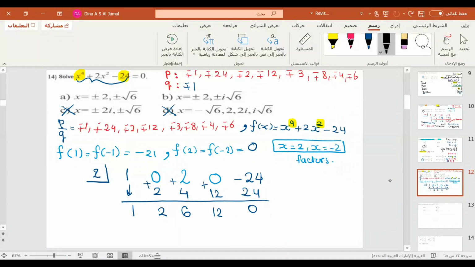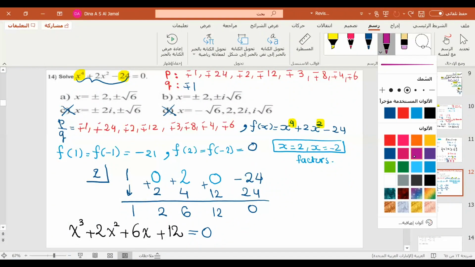Now write your depressed polynomial. Your n is equal to 4. That means your depressed polynomial is raised to the power of 3. So x cubed plus 2x squared plus 6x plus 12. So here I'm advising you, you can equate it to 0, factorize it, or use your calculator directly, modify 4.